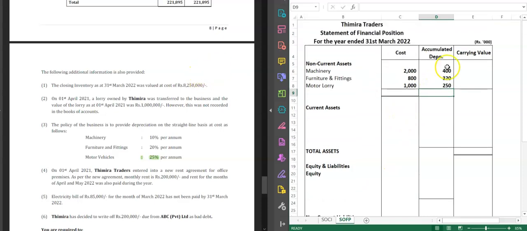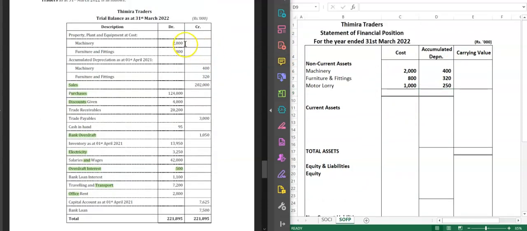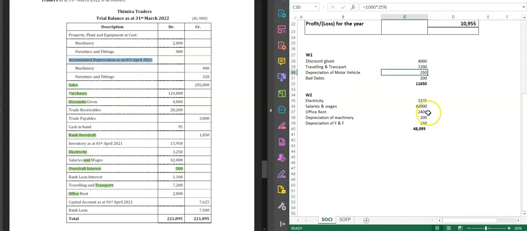Since the accumulated depreciation is there, they are telling that as at 1st April 2021, this is the opening balance of the accumulated depreciation account. Then what about the current year? This is the opening balance, right? That means last year's closing balance. For the current year, we have already calculated the depreciation under the statement of comprehensive income.